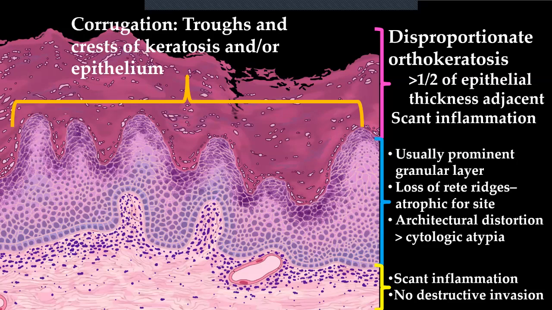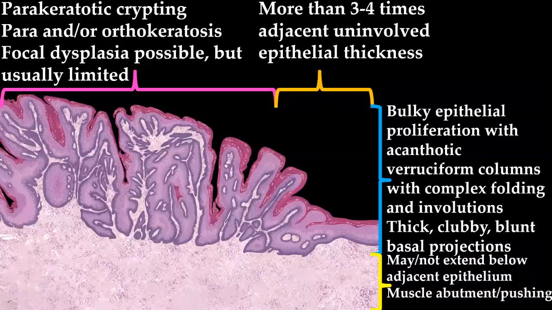And so when I think about this case, there is a corrugation with troughs and crests of keratosis in the epithelium, usually a prominent granular layer, loss of the rete ridges, and atrophy for the site, with architectural distortion that is way beyond what you see in cytologic atypia.